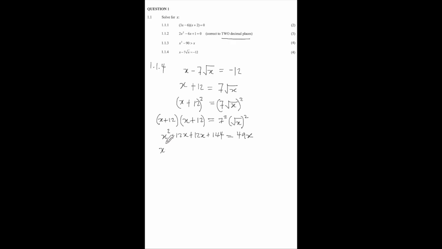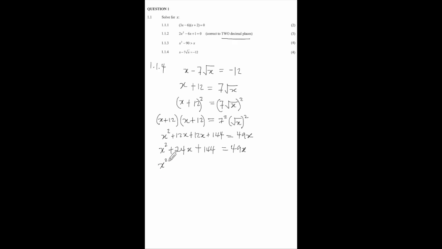And then x squared plus 24x plus 144 is equal to 49x. Then of course I'm going to collect everything to one side, so I can solve it as a normal quadratic. So I'm going to bring 49x to the left hand side.